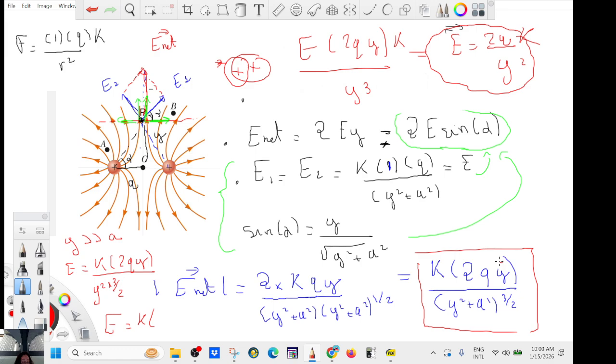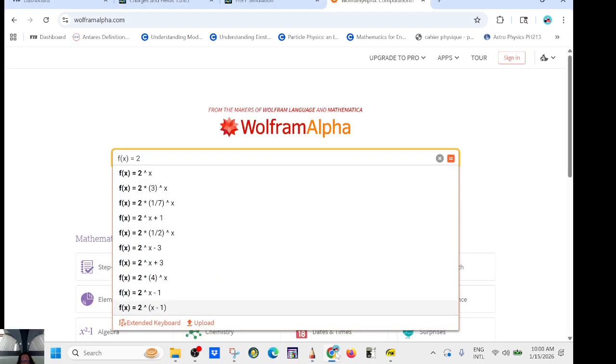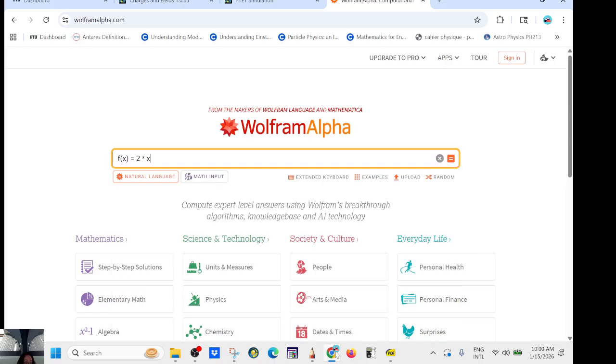We're going to keep this, and not the Q, just to see what it looks like. So you have 2 times X. There is an X at the numerator, and at the denominator you have X squared, or Y squared, doesn't matter, plus a number.